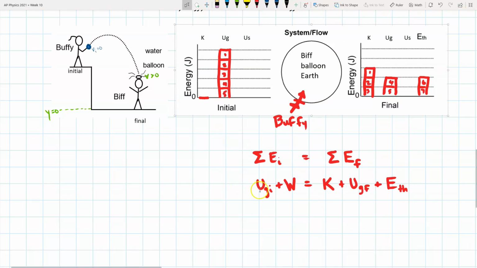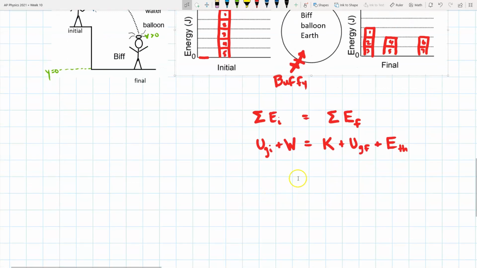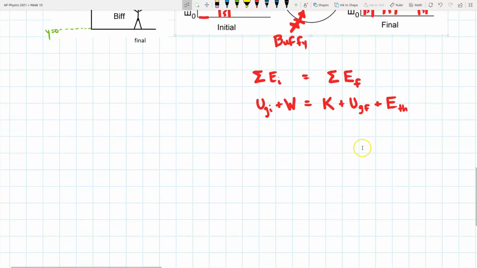This keeps track of all the energies we have to begin with. And if we needed to, the nice thing is we know the expressions for all of these types of energy, right? We could say initial gravitational potential energy is mg y initial, the initial height, plus, remember our equation for work, F d cosine theta.